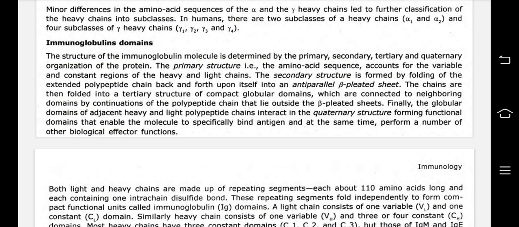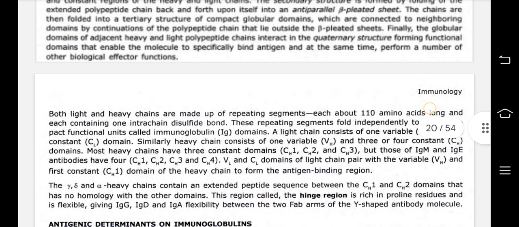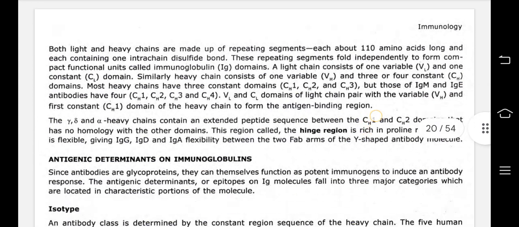The chains are then folded into a tertiary structure of compact globular domains, which are connected to neighboring domains by continuations of the polypeptide chain that lie outside the beta pleated sheets. Finally, the globular domains of adjacent heavy and light polypeptide chains interact in the quaternary structure, forming functional domains that enable the molecule to specifically bind antigen and at the same time perform a number of other biological effector functions.